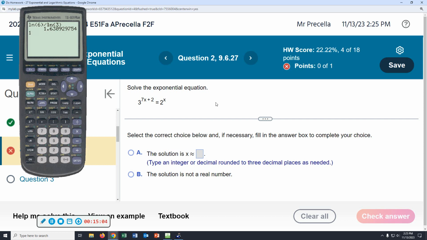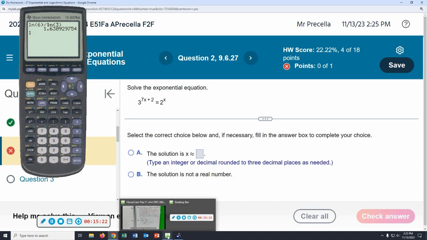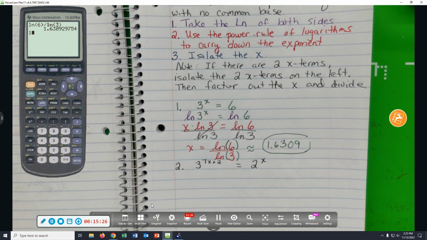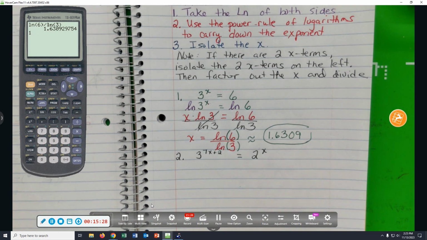3 raised to the 7x plus 2 power equals 2 to the x. Well, there's not a common base.